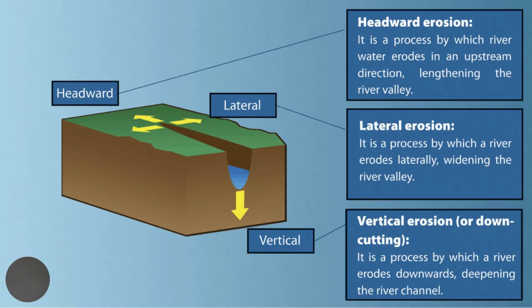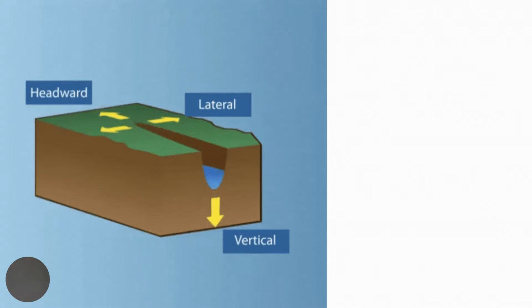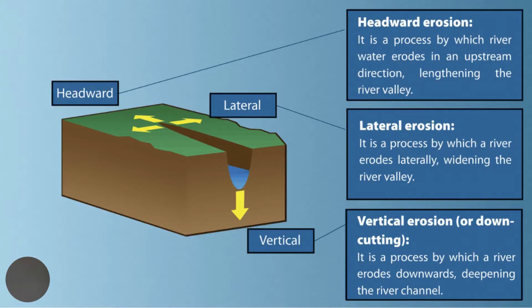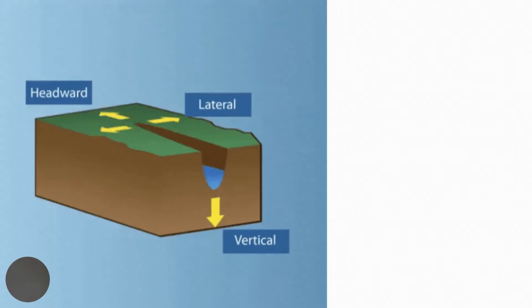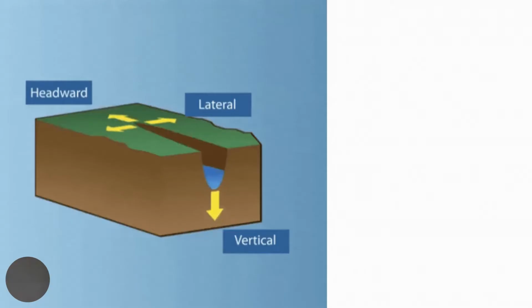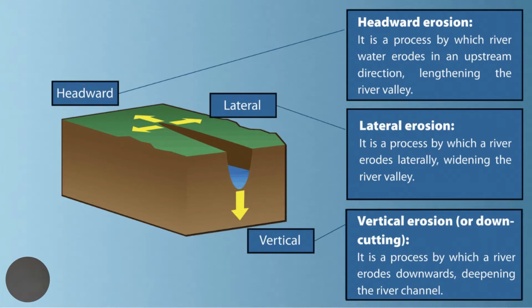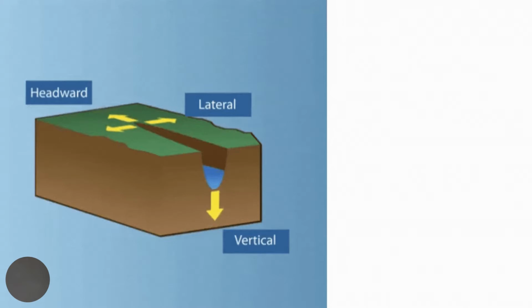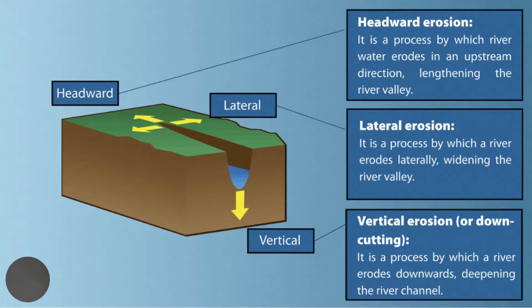Now we want to look at the three functions of rivers in a little bit more detail, and we're going to start with erosion. Rivers can erode in three main directions: headward erosion, lateral erosion, and vertical erosion. Headward erosion is a process by which rivers erode upstream.